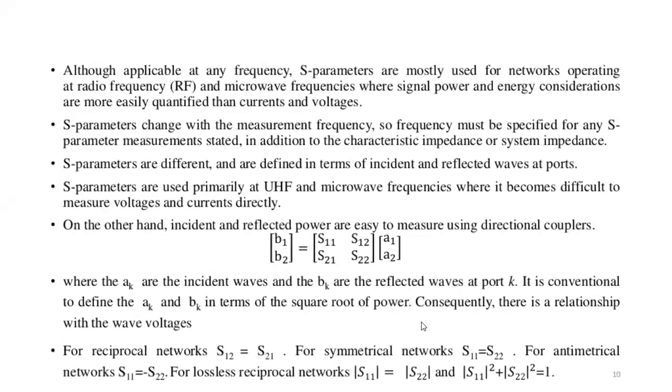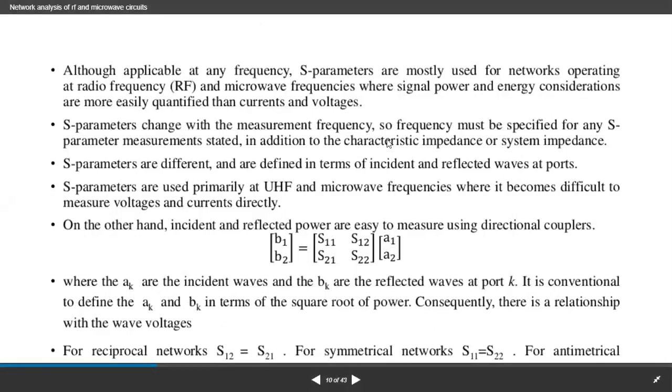So here, at a certain frequency which we consider, S parameters are mostly used for networks which operate at radio frequency and microwave frequency, where signal power and energy considerations are more easily quantified than current and voltages. S parameters change with respect to measurement frequency. So frequency must be specified for each of the S parameters, with the addition of Z0, the system impedance.